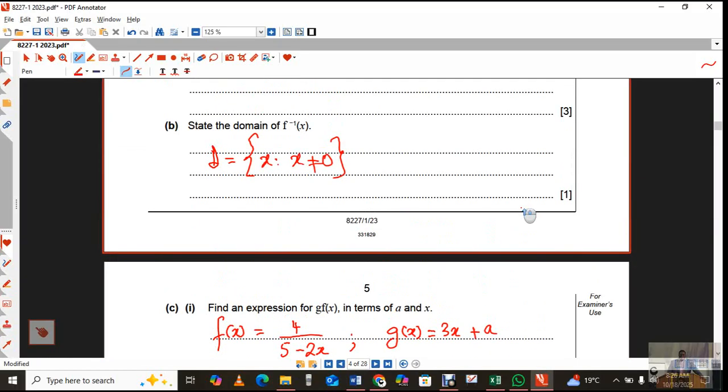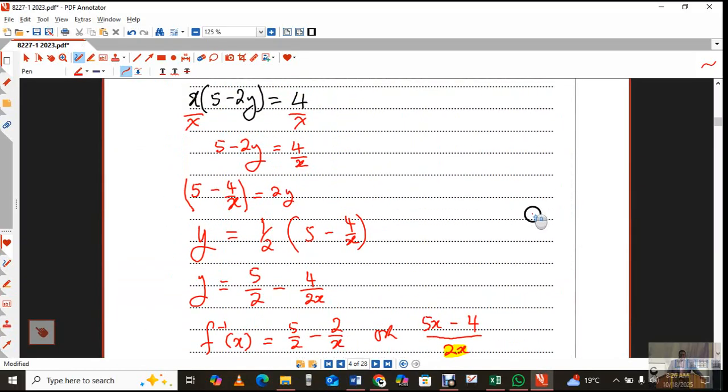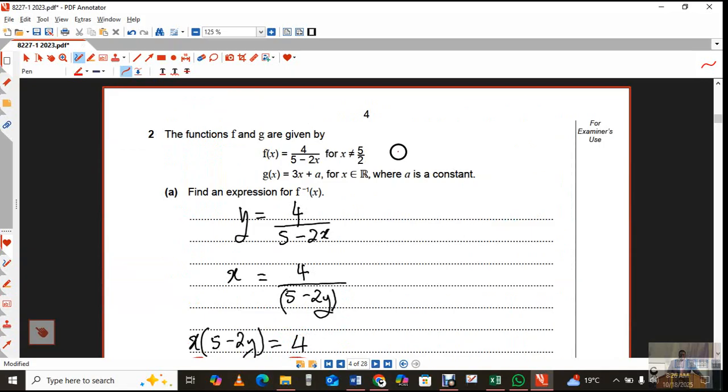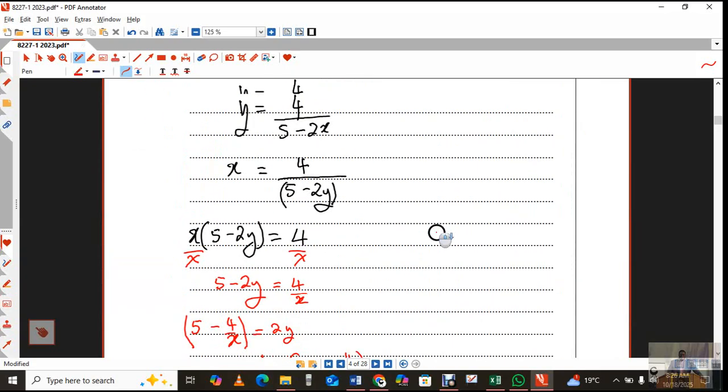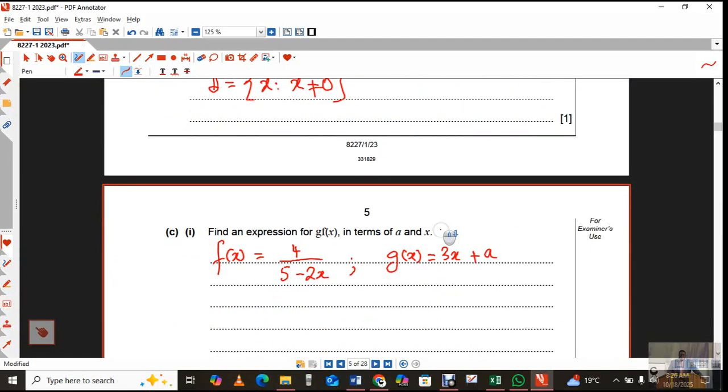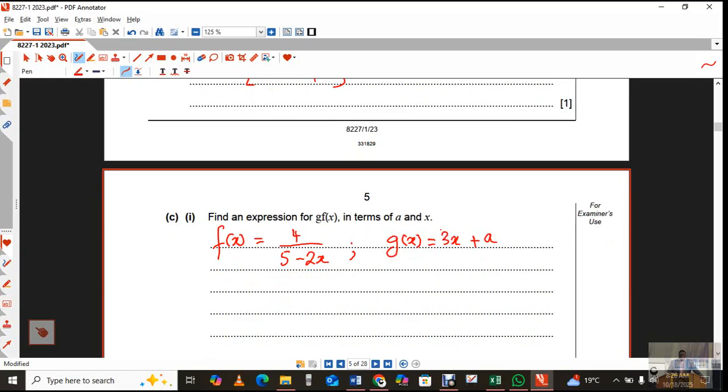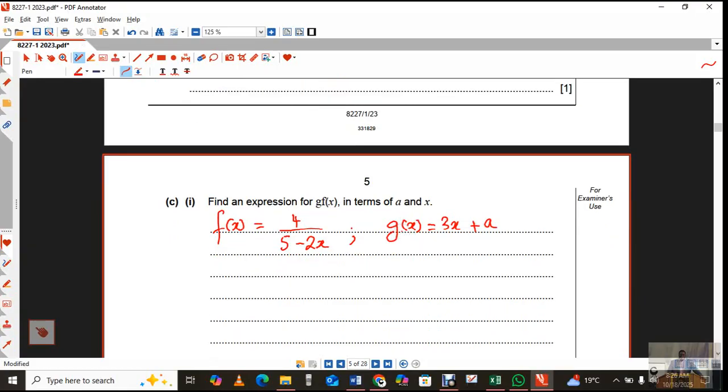All of this can be found if you go check right there on top. So this is Roman 1, so Roman 2 most probably will give us some value, and then we'll have to calculate the value of a. But here we must leave our answer in terms of a and x.